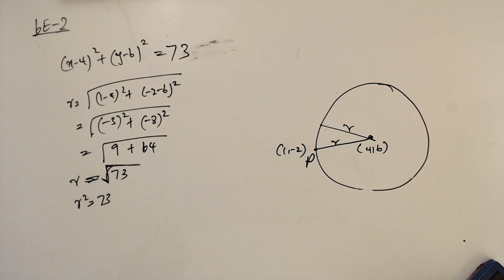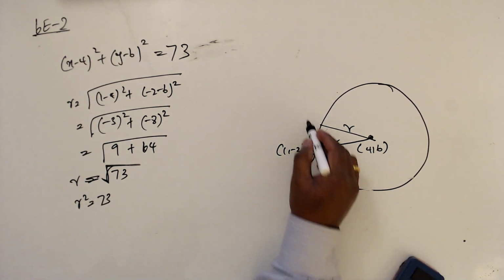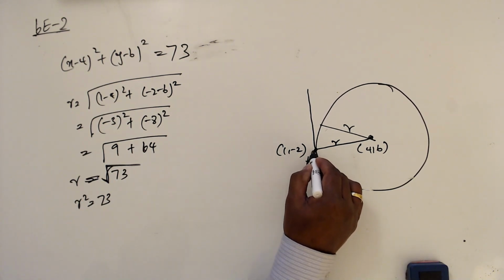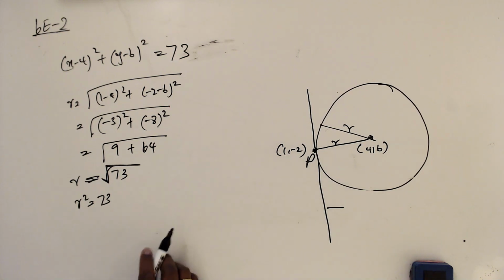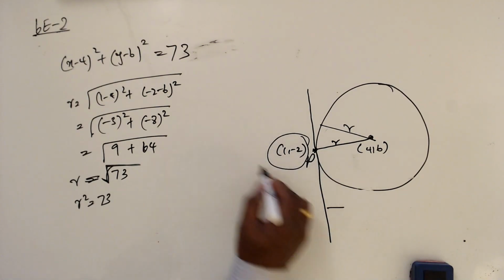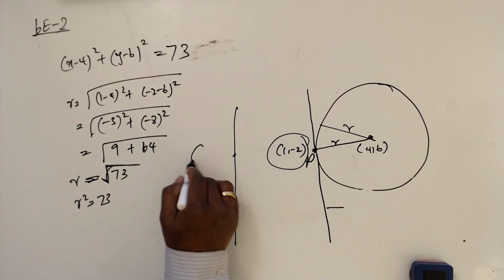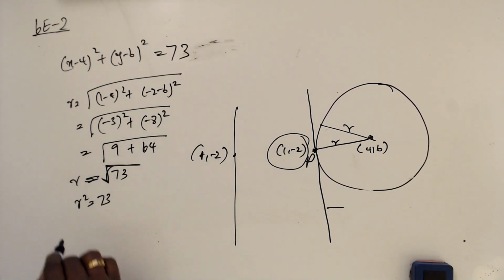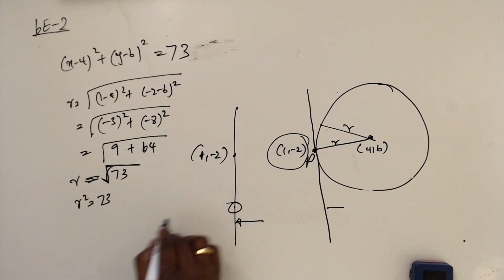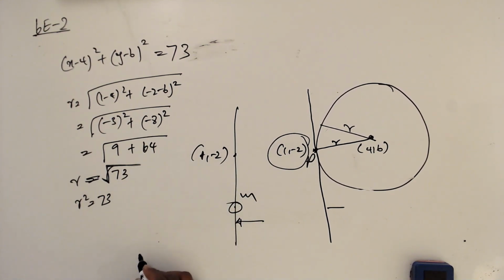Now the next part is we have to find the equation of the tangent at P. Now I know a point, one point on this line, (1, -2). Now I want to write the equation of this line. Then I need either one point or the gradient.